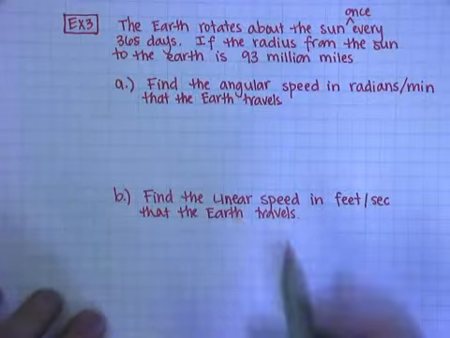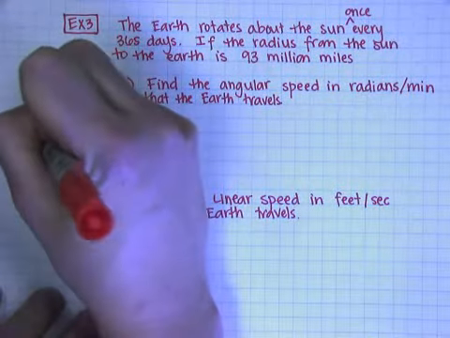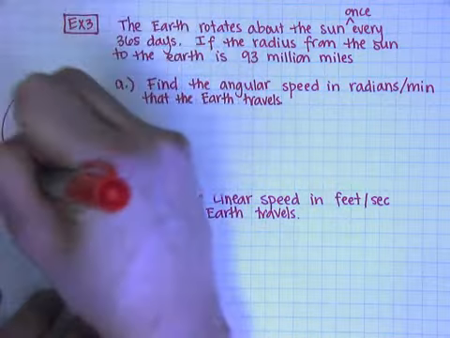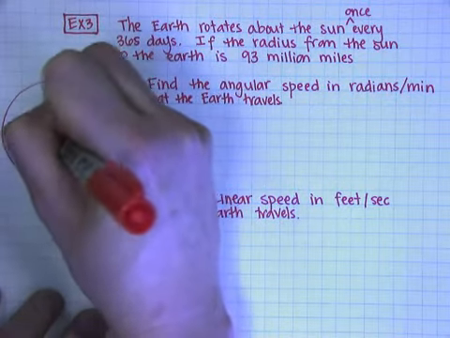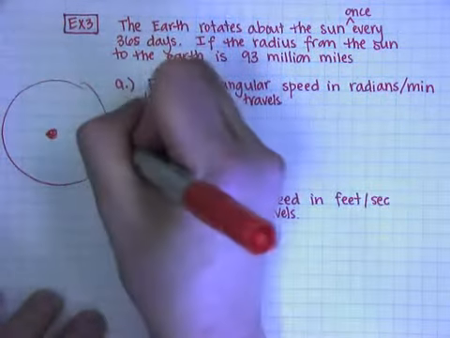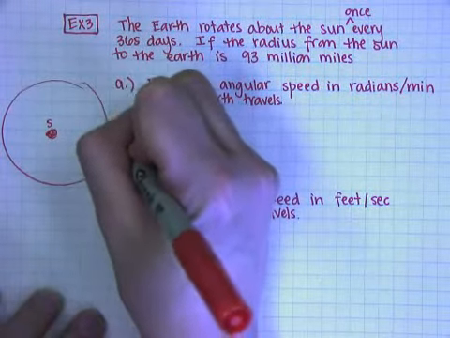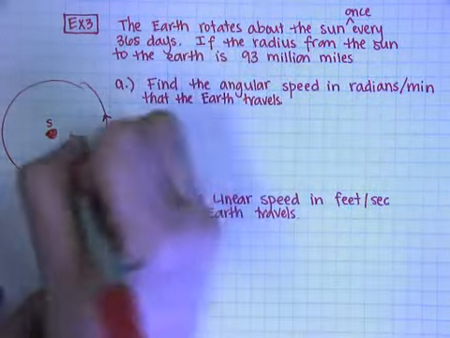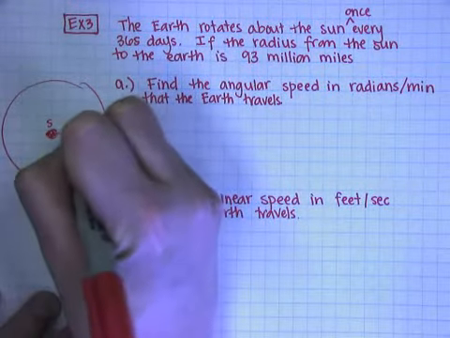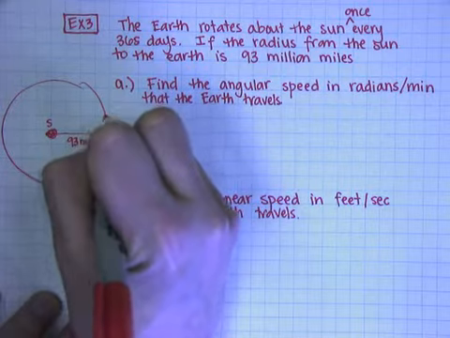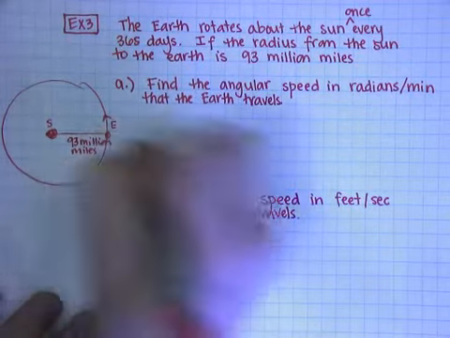Now here, the difference between the two, let me draw a picture, because I love my pictures. So we've got the Sun kind of in the center of my circle, right? And we've got the Earth out here traveling around the Sun. So I'm going to say S for Sun and E for Earth, right? And the distance between them is 93 million miles. That's a long ways.